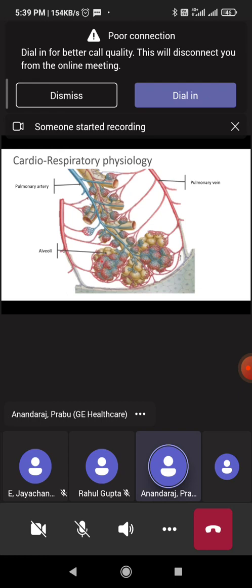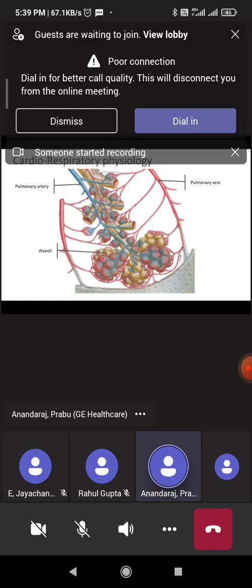Carbon dioxide is rich in the blood, so it will diffuse into the alveoli, whereas the alveoli will be rich in oxygen because of the inspired breath, and that gas will enter the capillary. So this is the gas exchange we are talking about, and the very purpose for which we are using the ventilator.